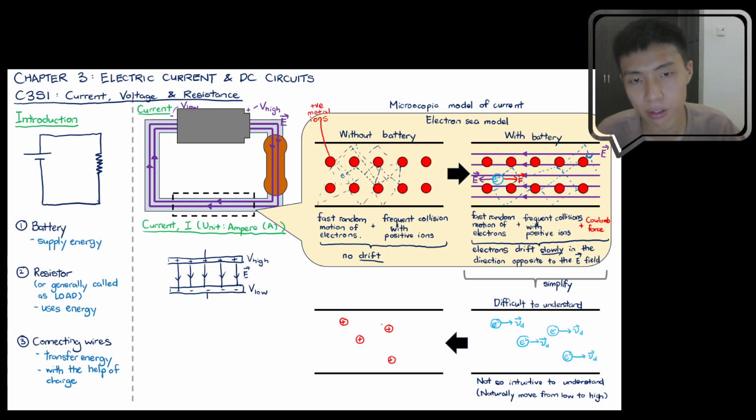Because they behave opposite to an electron, they'll be moving in the opposite direction. This time it's moving in the same direction as the uniform electric field. So if it's moving that way, it's more intuitive to understand right now.